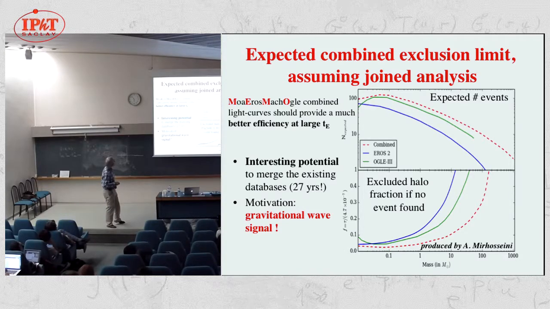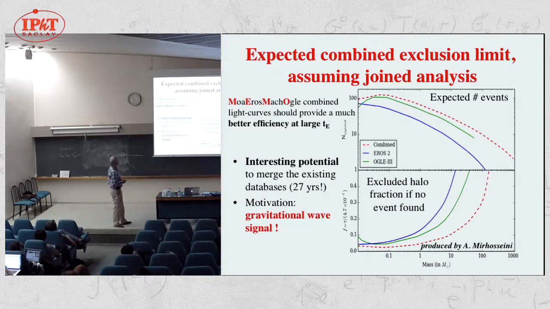Then if you combine the databases, you will have a strong sensitivity due to much longer light curves, and you can go up to almost 100 solar masses to search for the heavy dark objects, so heavy black holes.